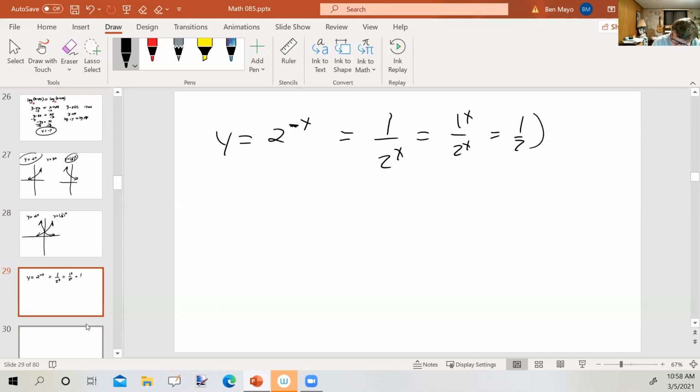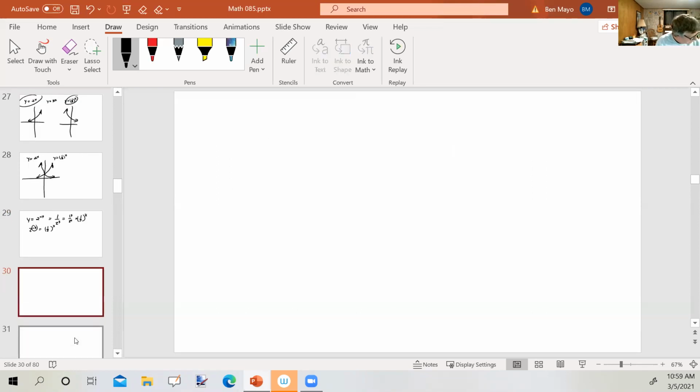So in fact, what I'm trying to get at is this. 2 to the -x power is the same thing as 1/2 to the x power. Because of the negative exponent, you do the reciprocal. Why do I even care about that? Well, okay, there's a formula. It's called the radioactive decay formula. And it looks like this. A equals A naught 2 to the -t/h power.